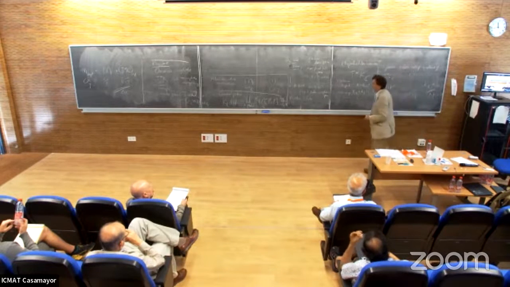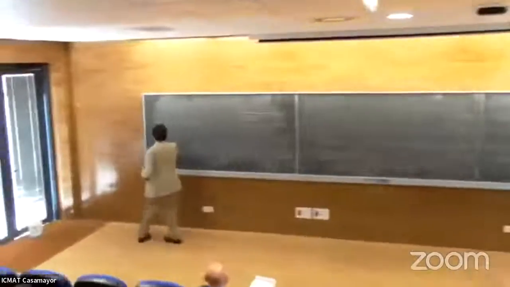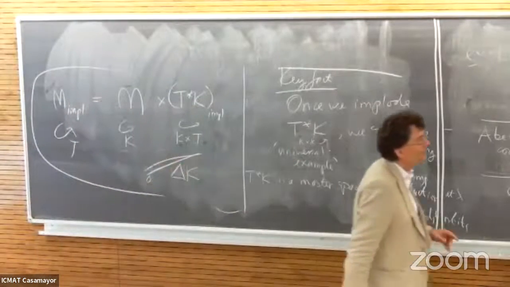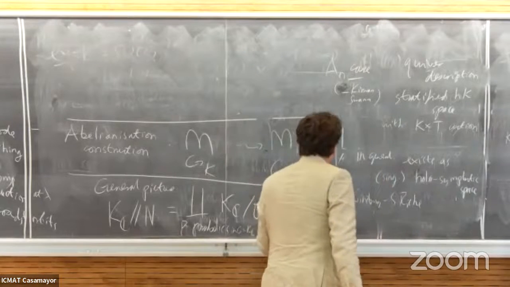Tachikawa. And the key point is this formula here from the T star K example, how we get the general example.